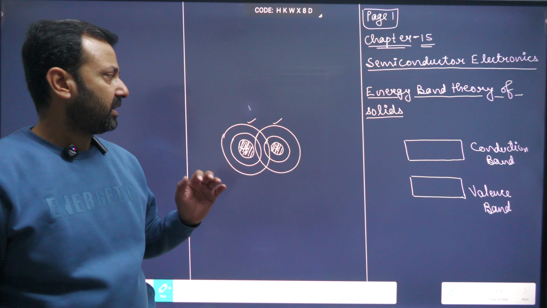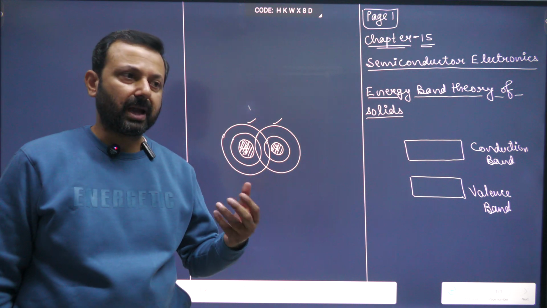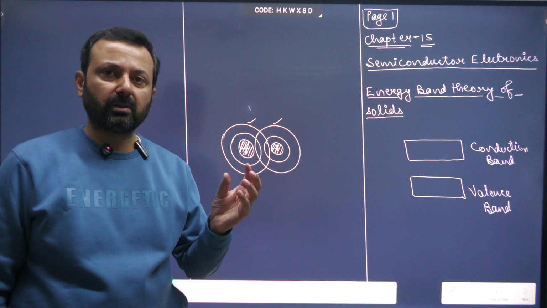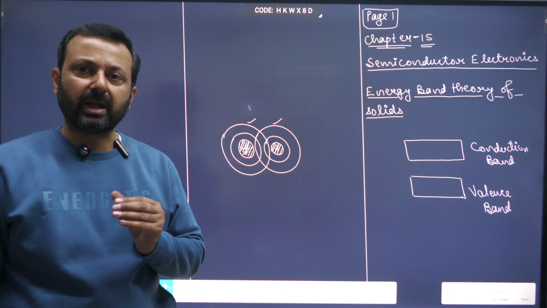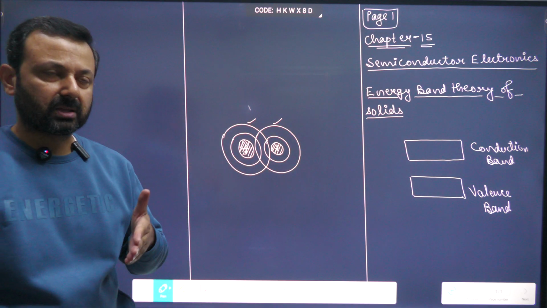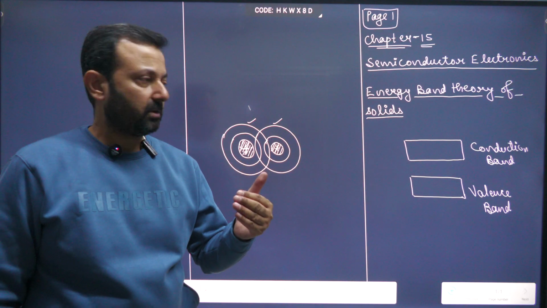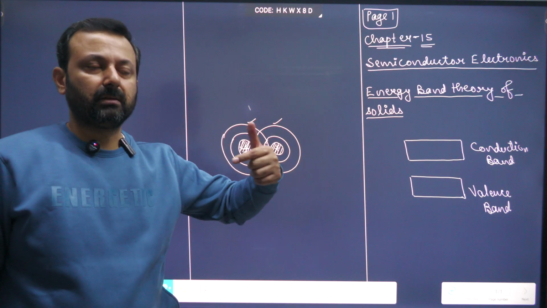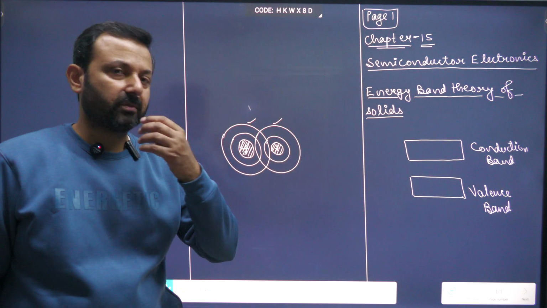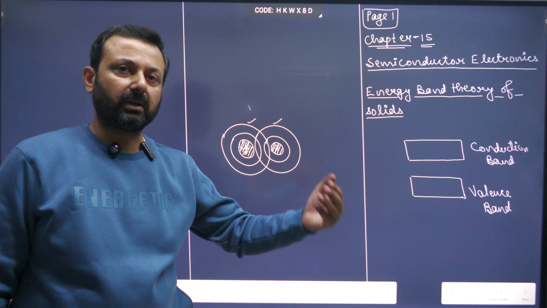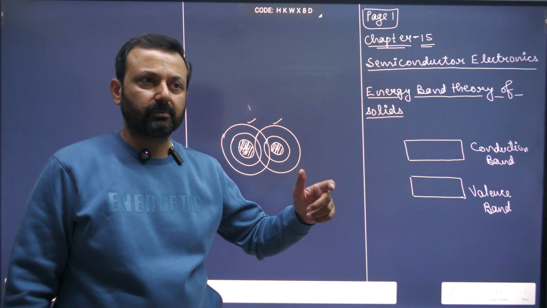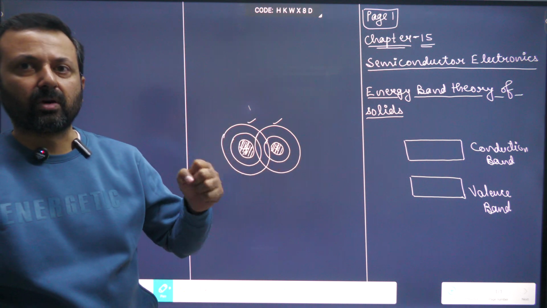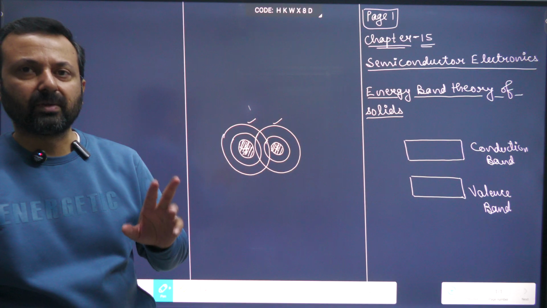Band theory means that in any element, when small atoms come together, the valence band of one atom interacts with the valence band of another atom, that of the second atom interacts with the third, the third with the fourth, and then they together form a dense band, and that band is called the valence band.